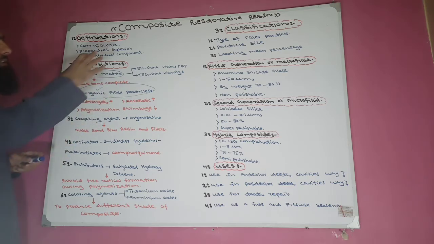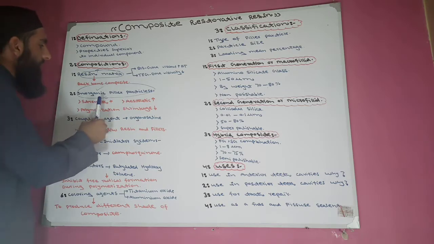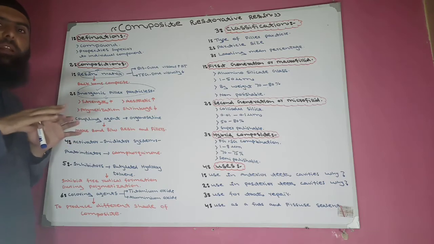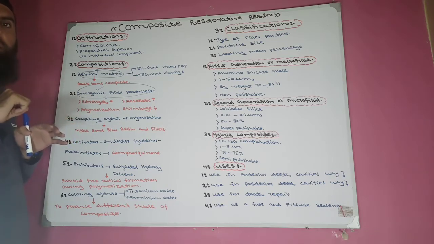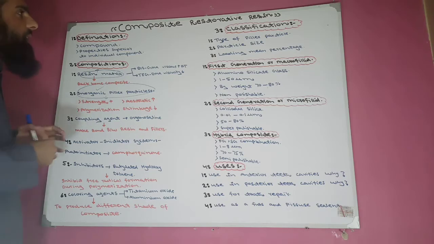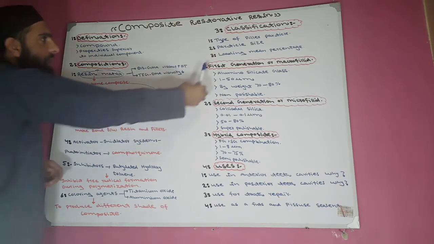There are 3 bases on which we classify the composite resin on the basis of inorganic particle. First, we look at the type of filler particle. Which filler particle is present in the composite? On the basis of this, we make a type. Second is the particle size of the inorganic particle. The third is loading.